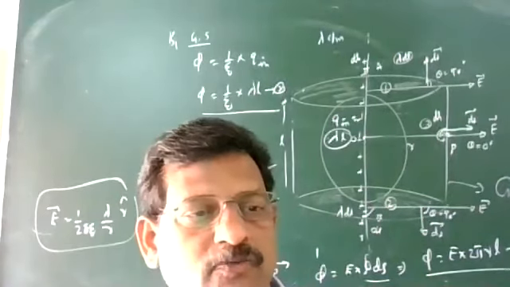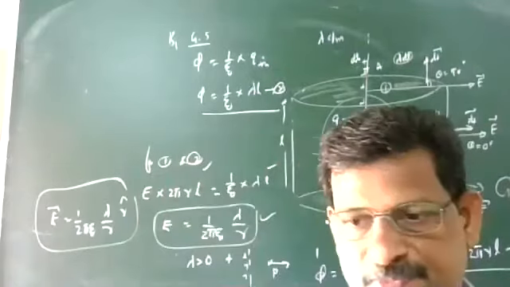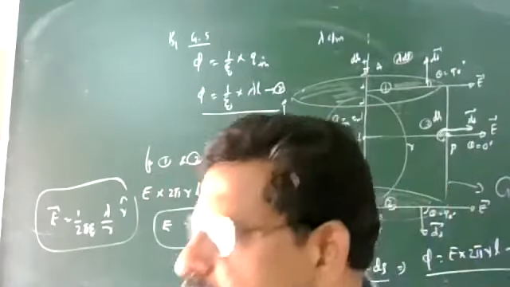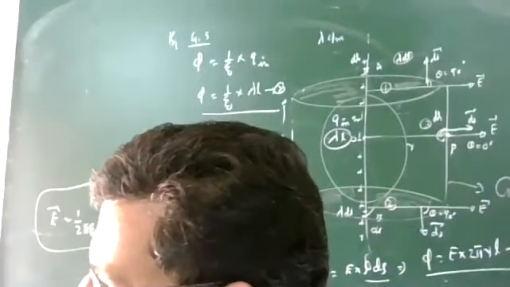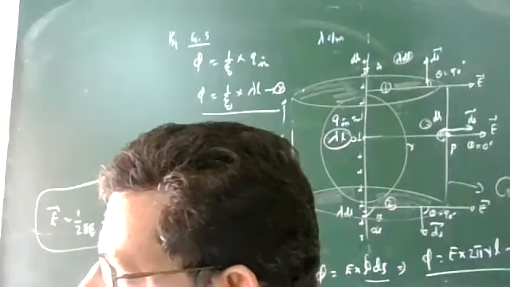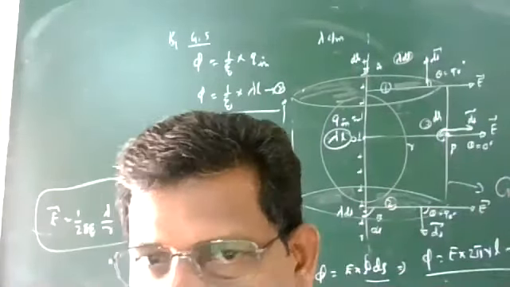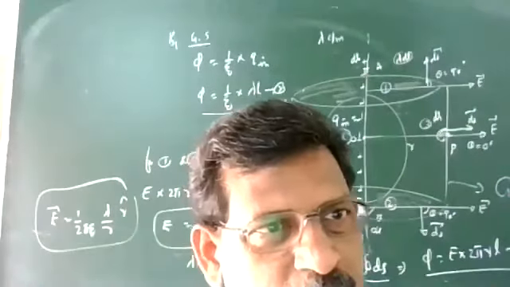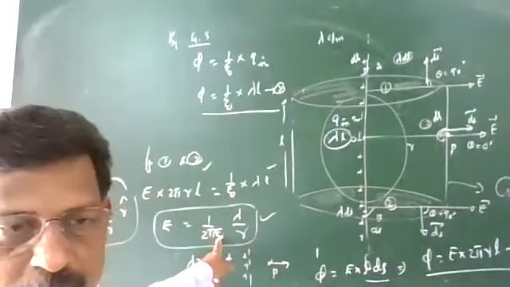Akshita, tell me what is the equation for the electric field due to a line charge? 1 by 2 pi epsilon naught, lambda by r cap. Okay, now see, it's not 1 by 4 pi, it is 1 by 2 pi epsilon 0.